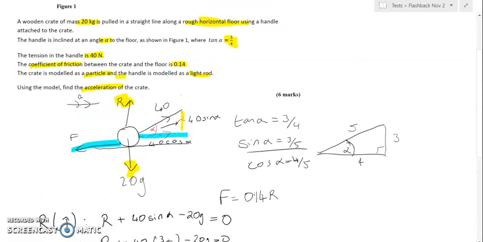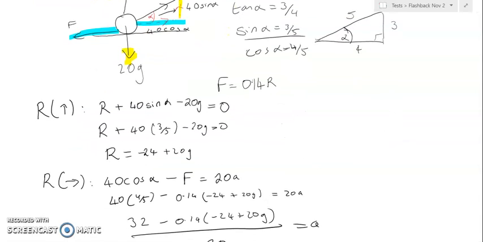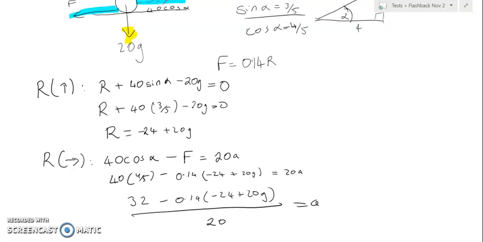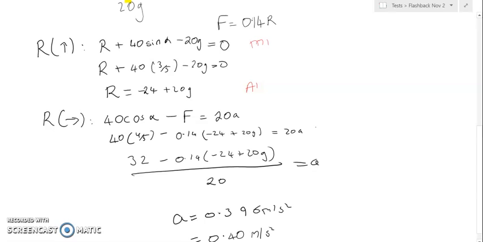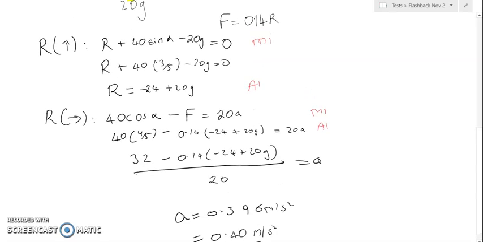Okay, so 6 marks. Generally, they're quite generous about method marks for resolving. So we have a method mark here, and then an accuracy mark for working out R, and a method mark for resolving horizontally, and an accuracy mark for getting the values correct and subbing them in correctly.